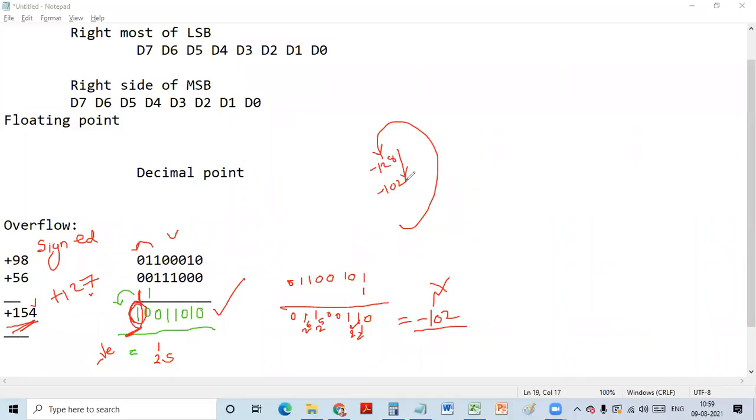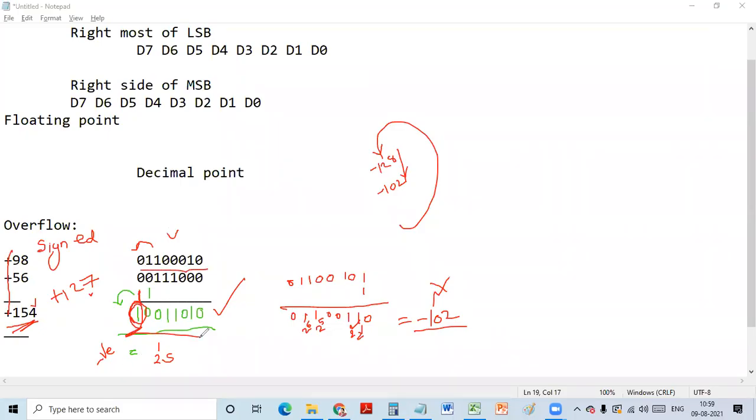This is what happens in fixed point notation and this specifies the occurrence of overflow. Okay. Right. This is in case of signed numbers. But if you treat my numbers as unsigned, there is no concept of sign here. All the bits will participate in magnitude.